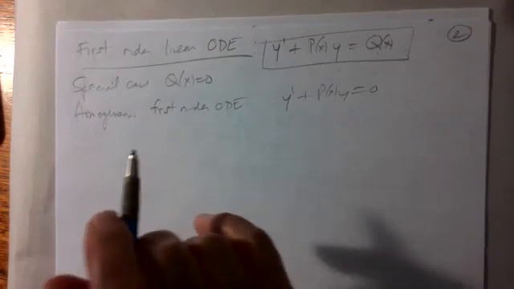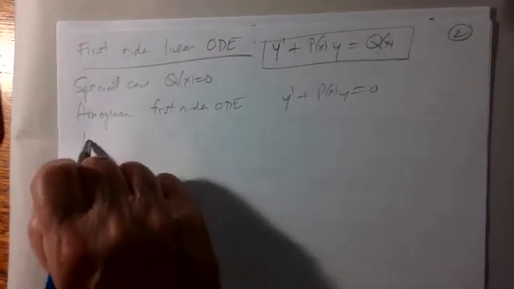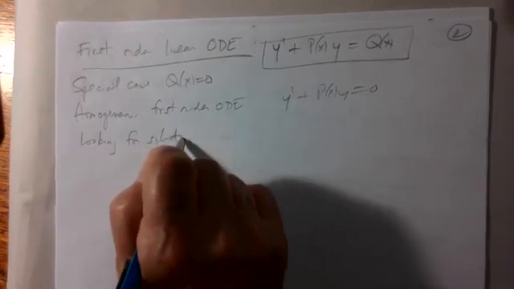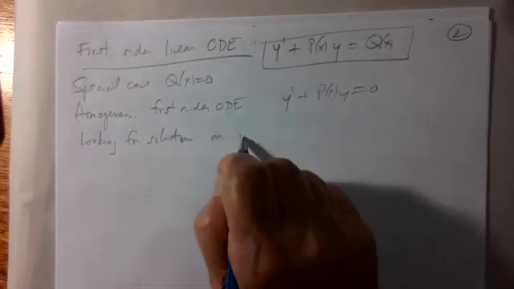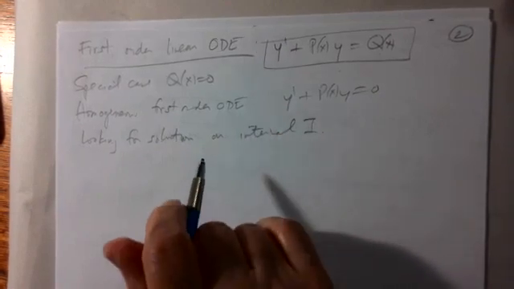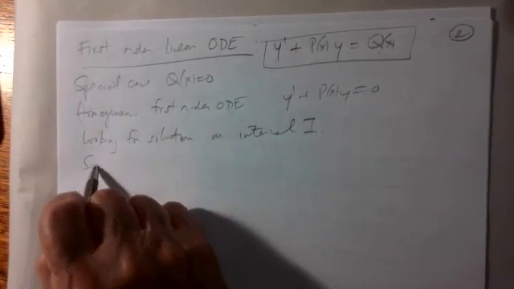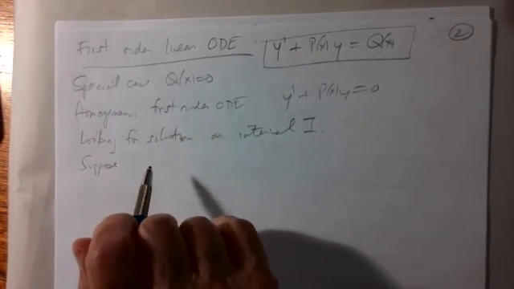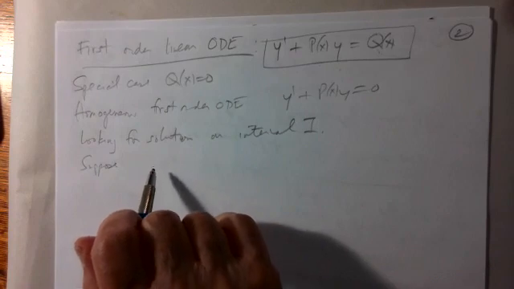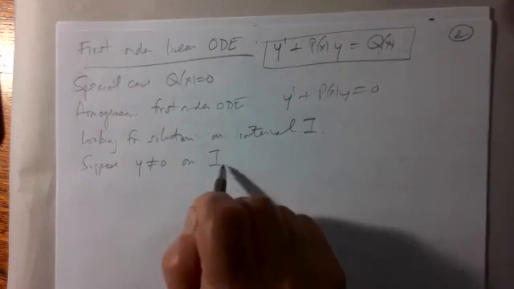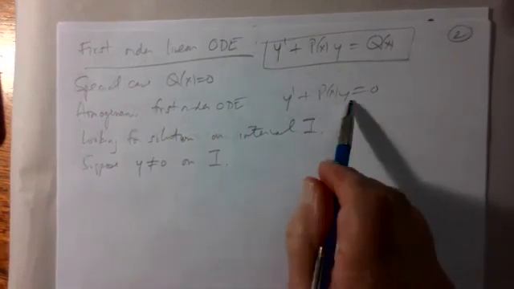So let's say we're looking for a solution on an interval I. Suppose y is not equal to 0 on the interval I. That means you can divide by it.